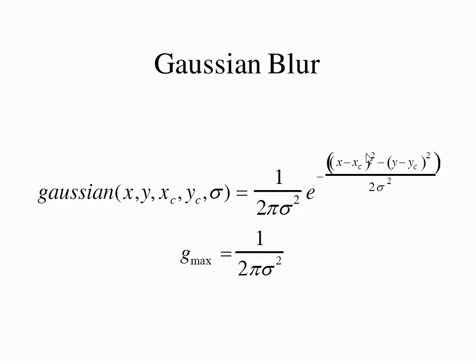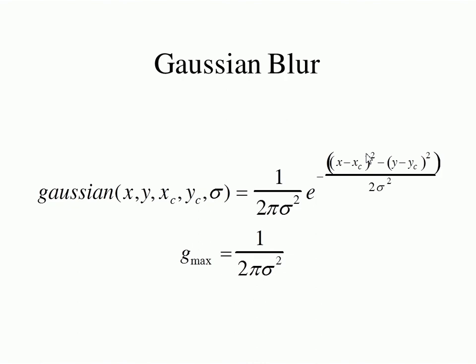And if you do that in 2D, you can change the center of that bell curve, and that's what the x sub c, y sub c part is for. The reason you like to do that is because bell curves for Gaussians are typically centered at the origin. Centering a curve at the origin is a very fine thing if you're a mathematician. But if you're doing image processing, you really don't want it centered at the origin, because the origin is the upper left corner of your image.